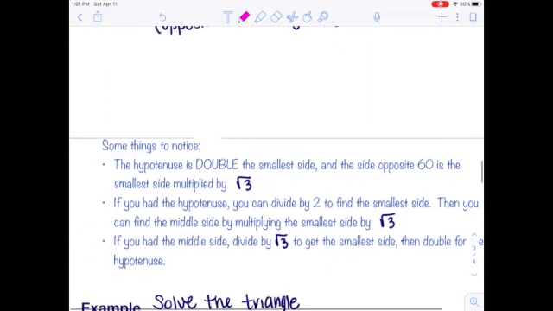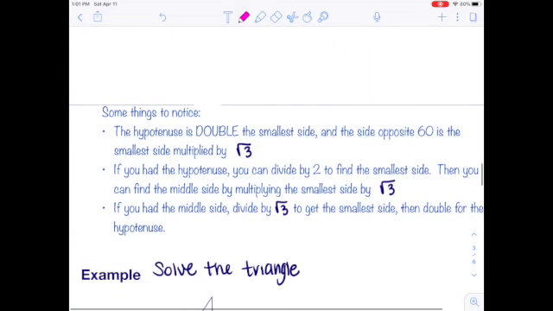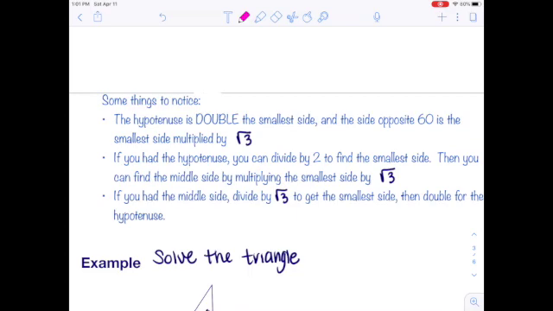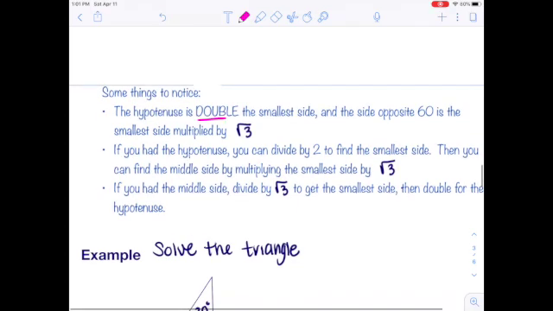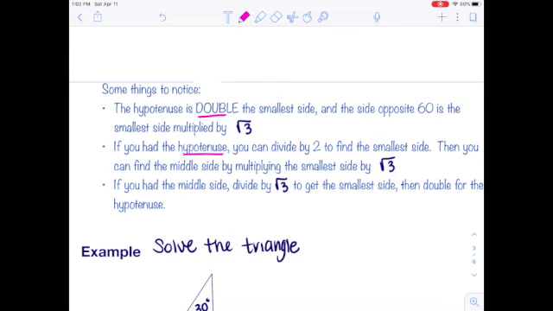So as an overview, I want you to see that the hypotenuse is double the smallest side, and the side opposite 60 is the smallest side multiplied by square root of 3. Now, if you have the hypotenuse, you can divide by 2 to find the smallest side. Then you can find the middle side by multiplying the smallest side by root 3.